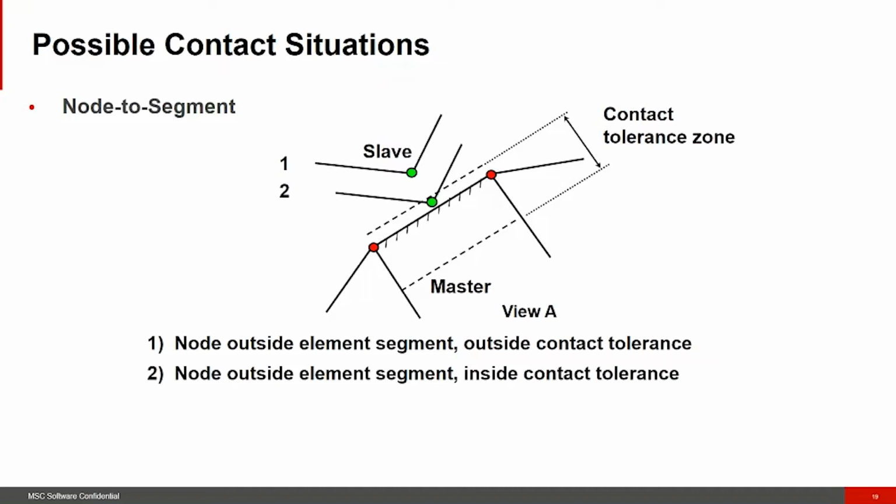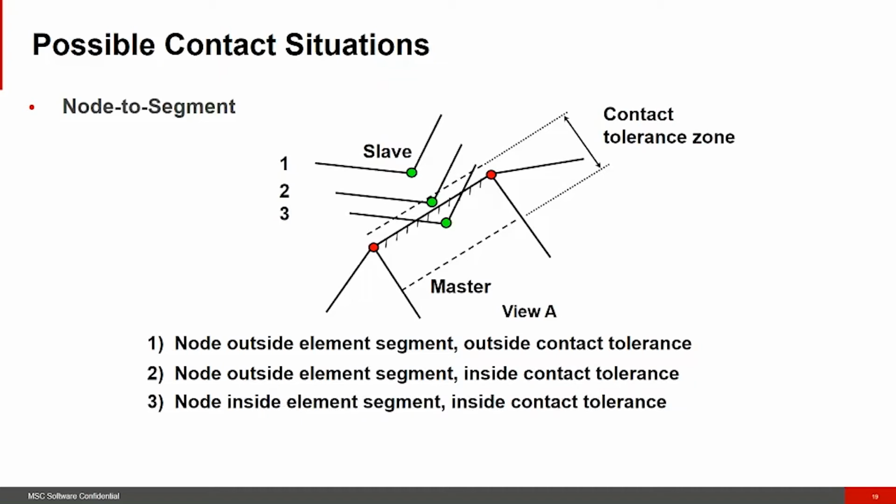The second scenario is when the node is outside of the element segment, but it's inside the contact tolerance. This is when the contact is detected. So in this case, the contact is detected properly. The third case is when the node is inside the element segment and is inside the contact tolerance. In this case also we see that the node is going inside of the contact.